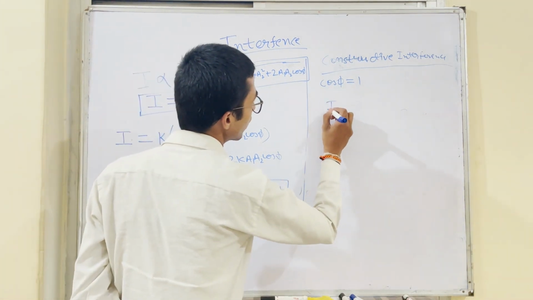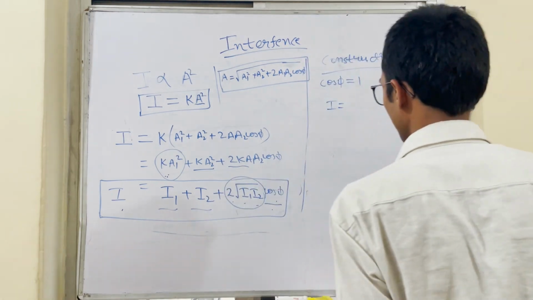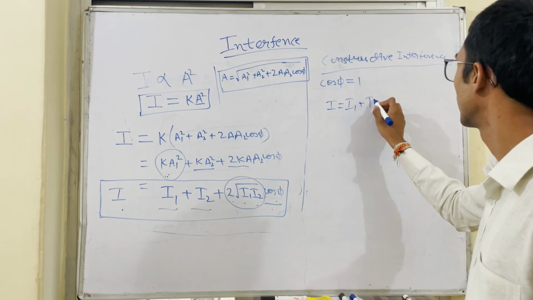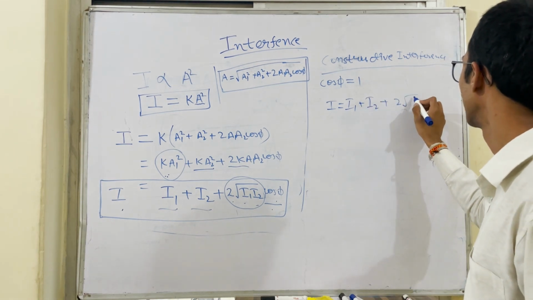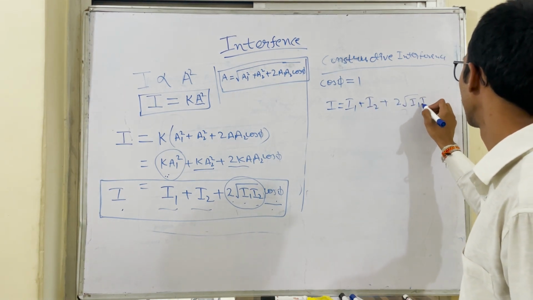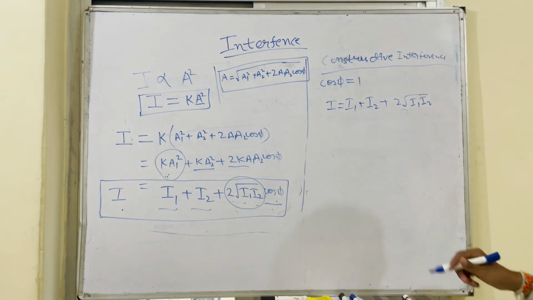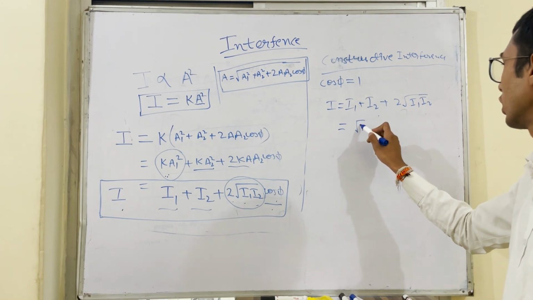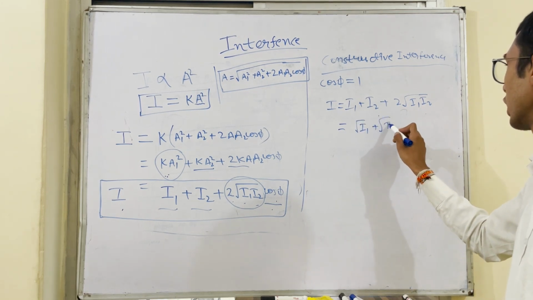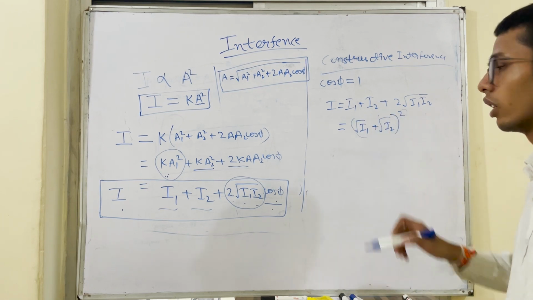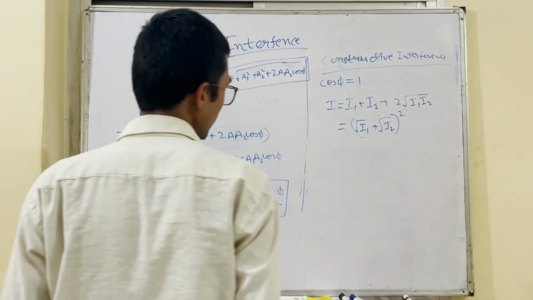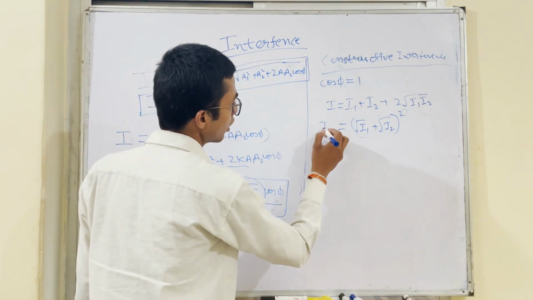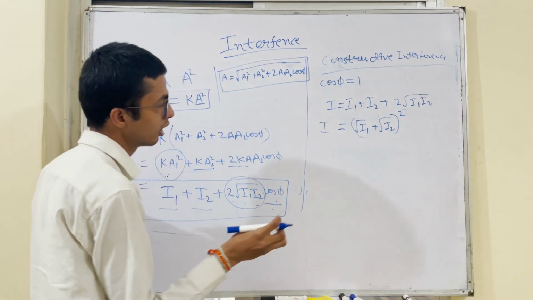So this intensity will come as I1 plus I2 plus 2 root I1 I2. If we look carefully, this becomes the formula (root I1 plus root I2) whole square. Correct? Similarly, how can I find the minimum value?